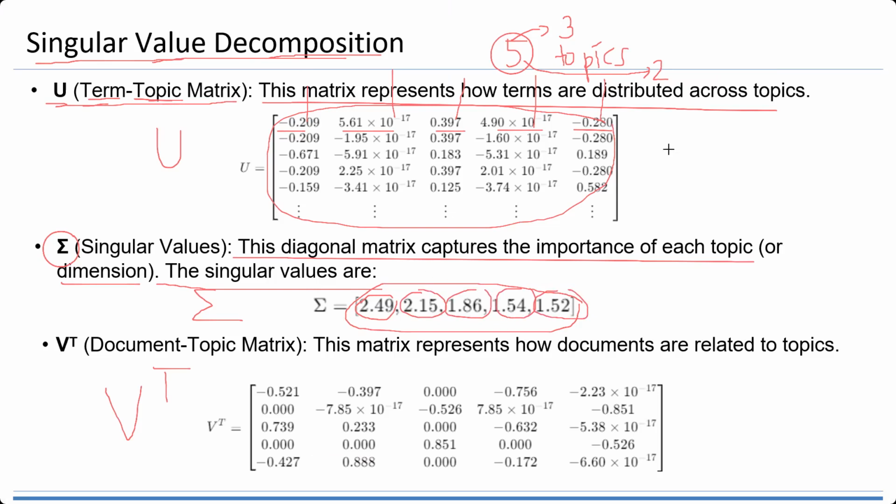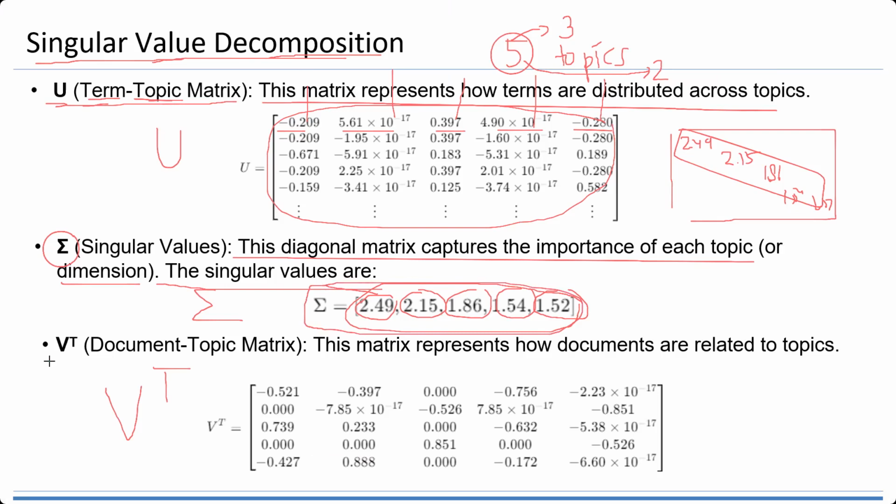This is a diagonal matrix, so 2.49, then 2.15, 1.86, 1.54, and 1.52 on the diagonal. I will represent it like this sigma to make it easy.